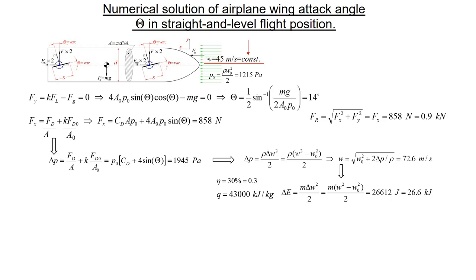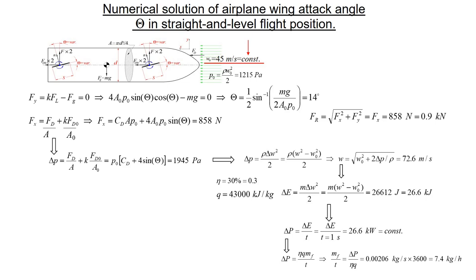The energy measurement unit and power measurement unit, energy change rate per 1 unit second, have equal quantity magnitude: 26.6 kilowatts. Thus, gasoline consumption per 1 hour is equal to 7 kilograms per hour.